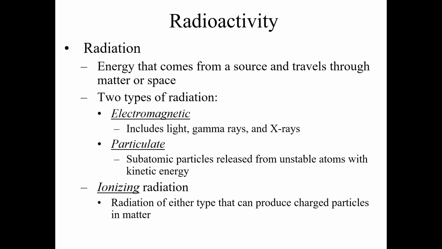Particulate radiation means subatomic particles that are released from unstable atoms with a certain amount of kinetic energy. We're going to treat these particles as if they were radiation also. And the one that is of most concern to us, perhaps from the point of view of health, is ionizing radiation. This would be radiation of either type, electromagnetic or particulate, that can produce charged particles in matter.